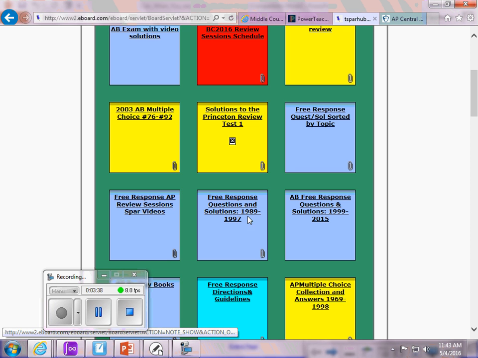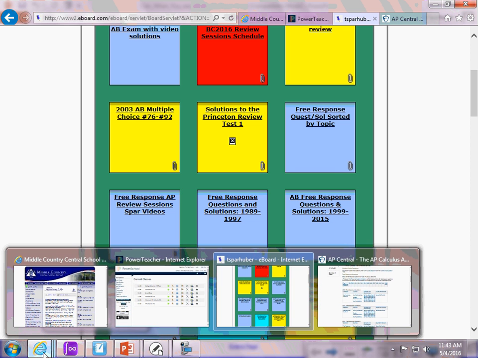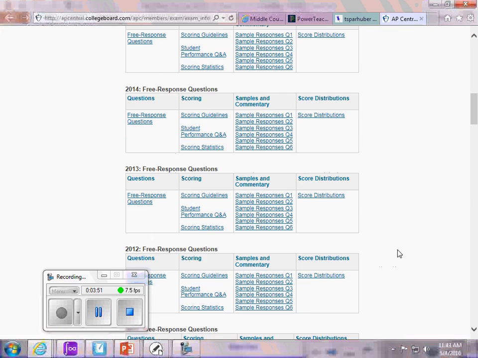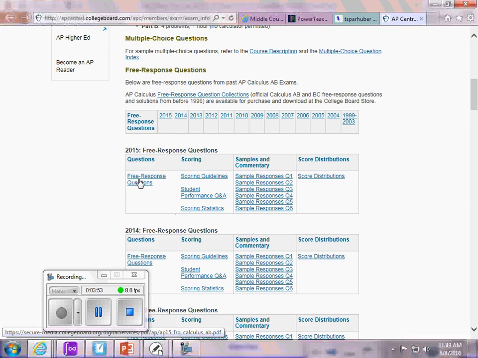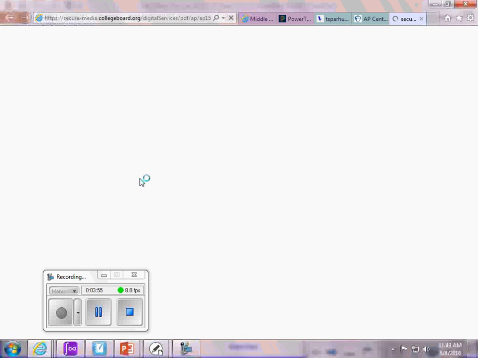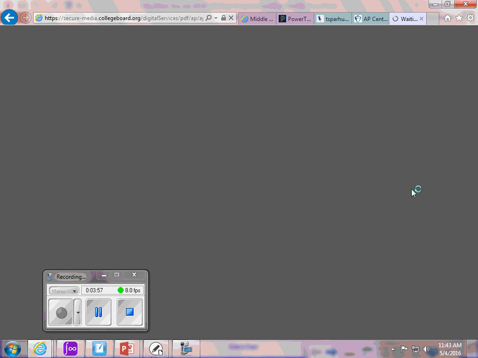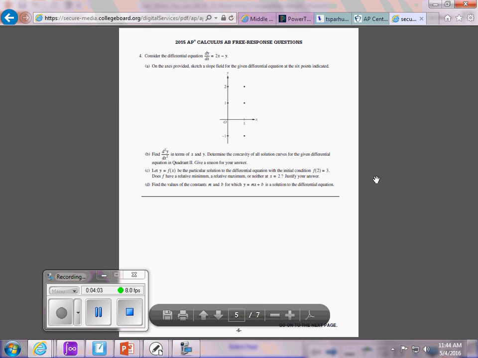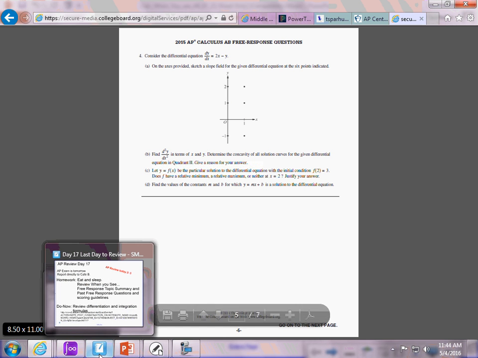And even before that, there's no reason to go back. If you go there and scroll down, you can just look at different AP exams. Just go through a couple years. You can look at the questions, and next to them, you can click on the answers and just glance through them. We've done these already. So anyway, that's a lot of fun.